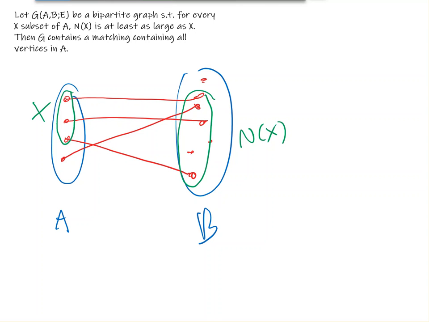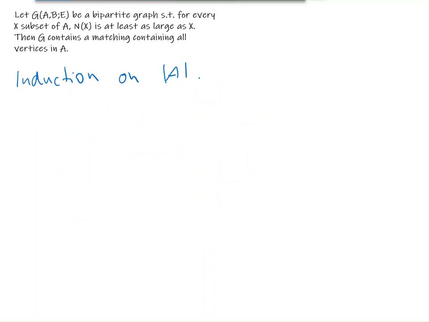Let's get started. We will prove this using induction on the size of A, that left set that gets matched. The start is very easy. We could start with size 0 or 1.